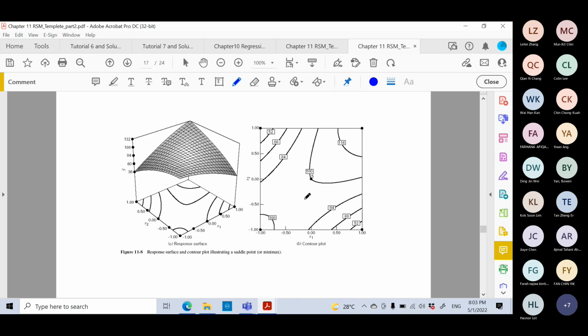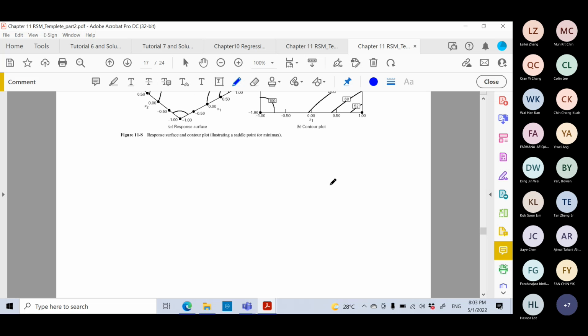That one is called the saddle point. The saddle point happens if you draw the plane with this style of shape here. But as I mentioned again, we are not going to draw these graphs. This is just to illustrate what the response surface looks like after you get the equation. Now, how are we going to find the optimal solution?